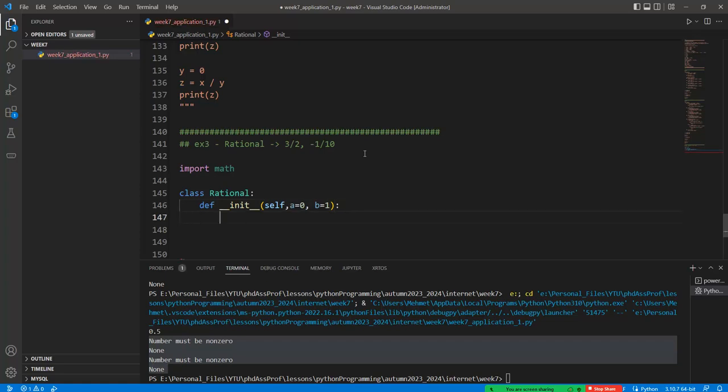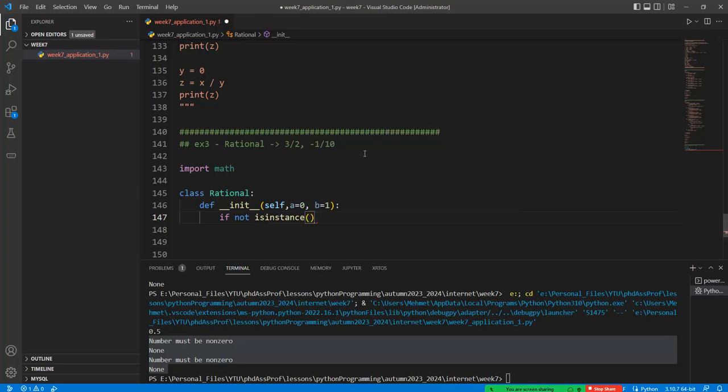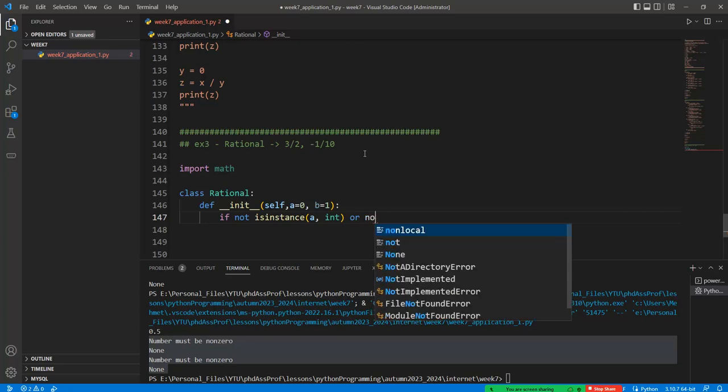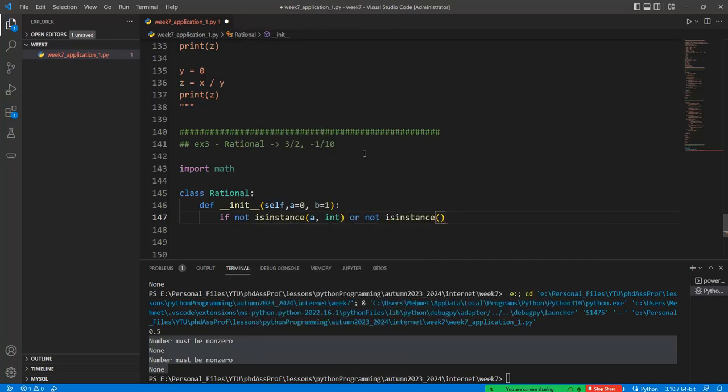If not isinstance a, int, or not isinstance b, int is true, then I can raise the TypeError here like this one: numerator and denominator must be integer.